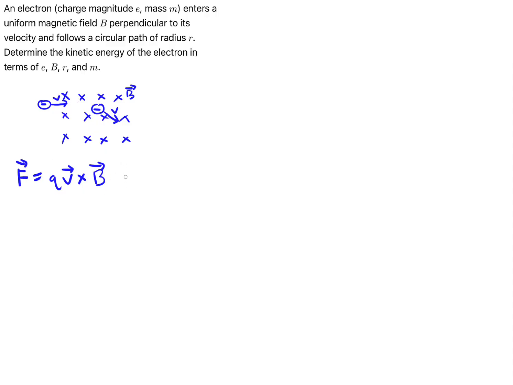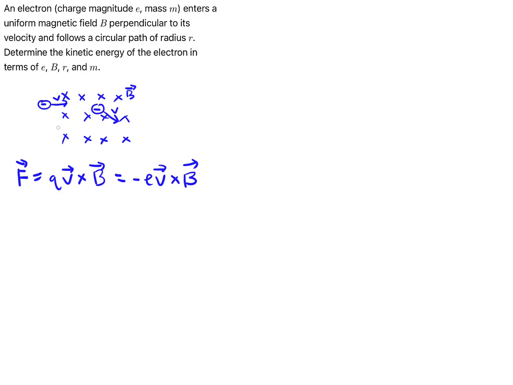But for this problem, we have to be careful because this is an electron, so its charge is actually negative. So the direction will be opposite the expected magnetic force on a positive charge. We just need to keep that in mind.